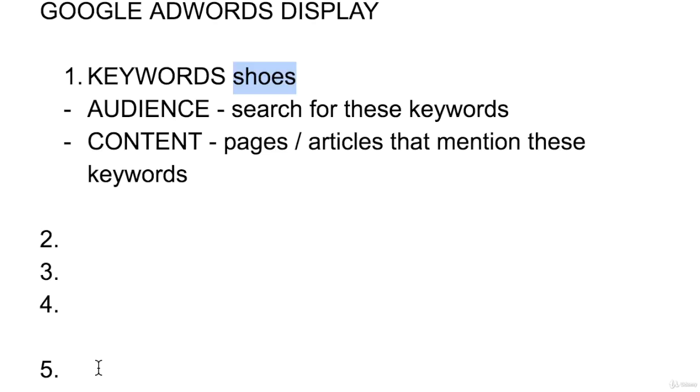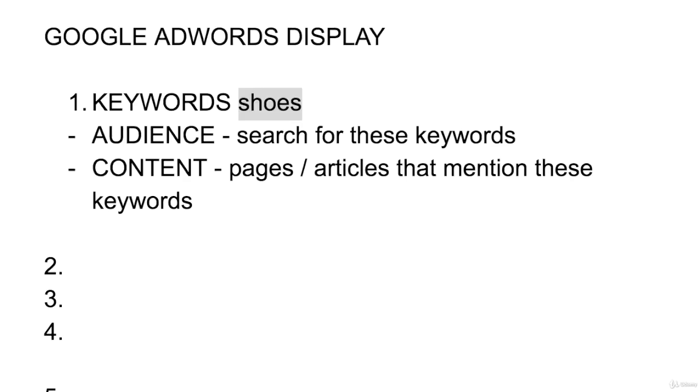So if I have a doctor as a client, I target the right keyword, and then I'm sure that people who are interested in that keyword and want to learn more about that keyword will see my banner.